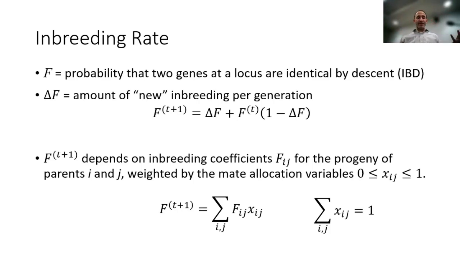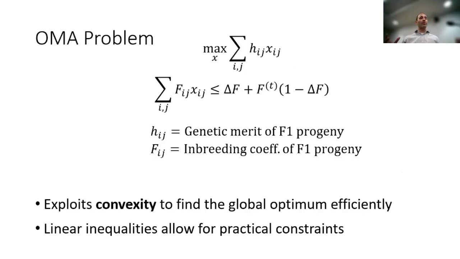So with that kind of mathematical preliminary, we can write the optimum mate allocation problem as follows. We have a set of unknowns, x. Those are our decision variables. Those are the allocations that we're trying to decide. And we're trying to optimize the genetic merit of the next generation, which is the merit of any given mating. That's what I'm using the symbol H for here, which would be the mean of all the F1 progeny from a particular mating.